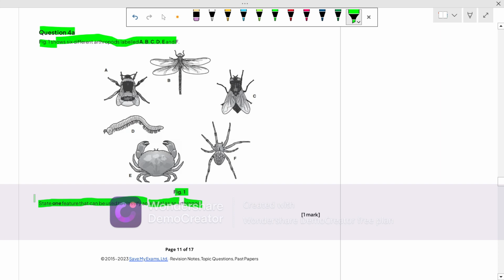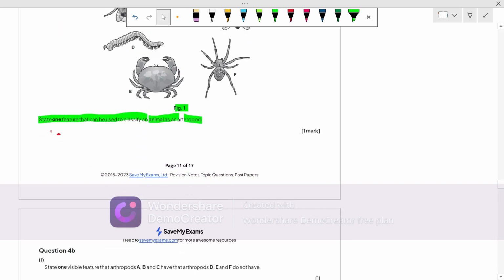So one feature that can be used to classify an animal as an arthropod, you can write any of the following, choose one, and all are accepted. First one is pairs of jointed legs.